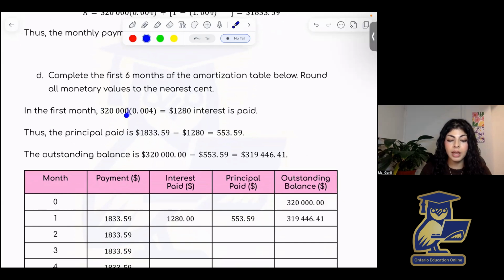So of this $320,000, he only pays off $553.59 in the first month, and almost 1,300 of it is just interest.